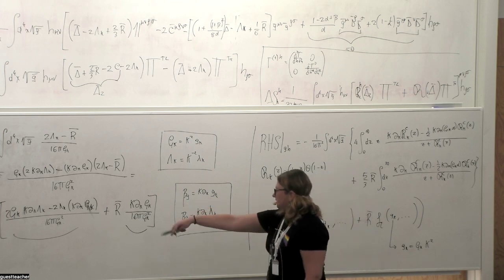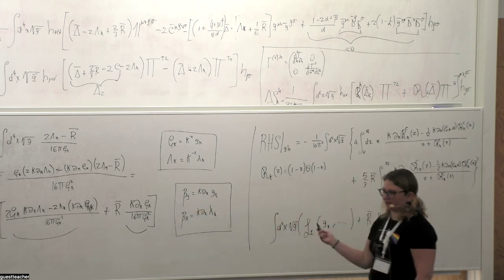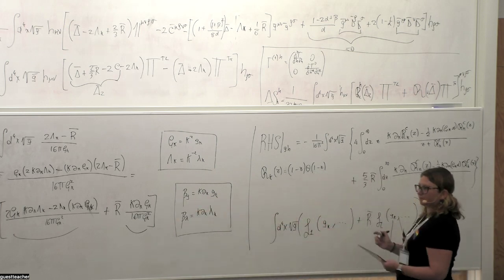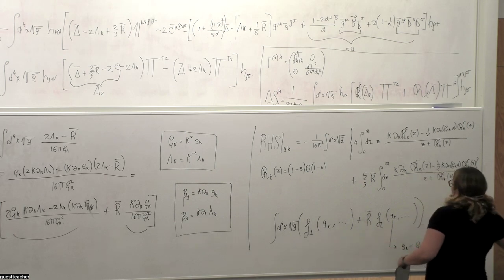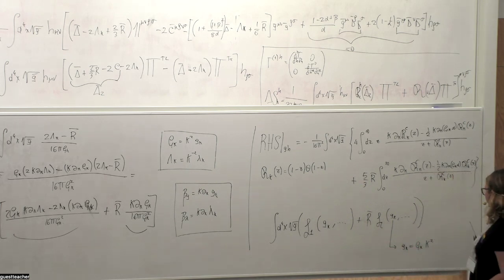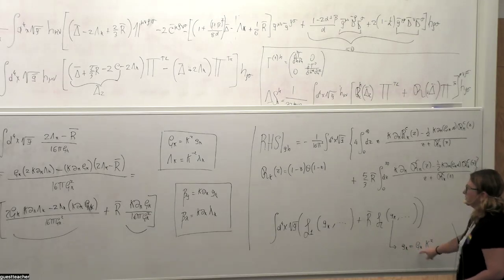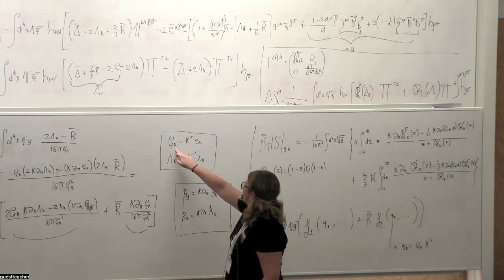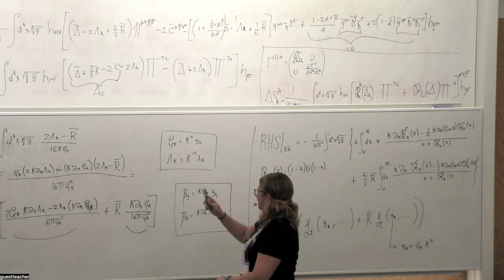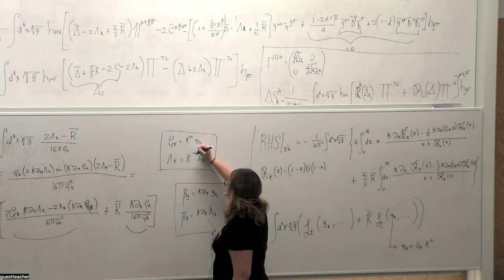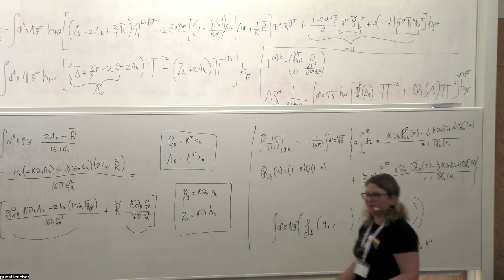So we can insert everything in there, compare, extract the beta functions. Sorry, wasn't it the opposite? Small g is G times k squared, right? Yes, sorry, because this is mass to the minus 2, so this is minus 2 and this is plus 2. Thank you.